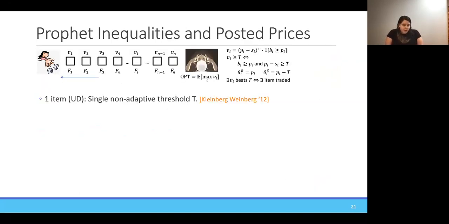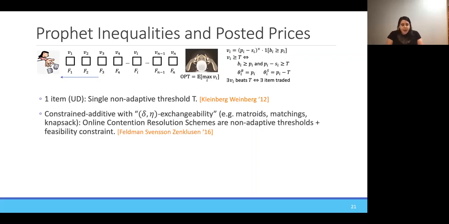So that was for the one item case, which corresponds to unit demand, where there's just a single non-adaptive threshold. Unfortunately, we don't have a lot of non-adaptive single threshold results. For the constrained additive case, we do have online contention resolution scheme results from Moran Feldman, Ola Svensson, and Rico Zenklusen. Basically, as long as our feasibility constraint has this delta eta exchangeability, which is for matroids, matchings and knapsack, then there is an approach that has basically non-adaptive thresholds plus a feasibility constraint.